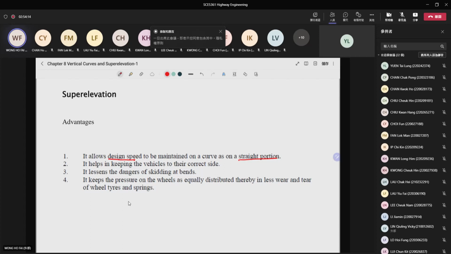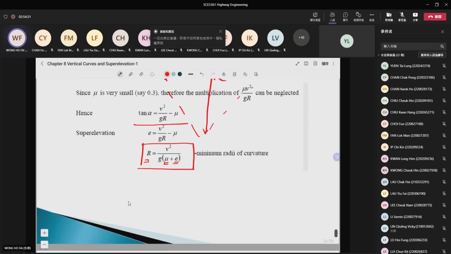And then it helps to keep the vehicle on the correct side. Well, as I mentioned, if you have a smaller radius of curvature, you require larger friction force. You either provide a larger friction coefficient or larger super elevation. If your E does not change or is small, then you have to provide larger friction coefficients.